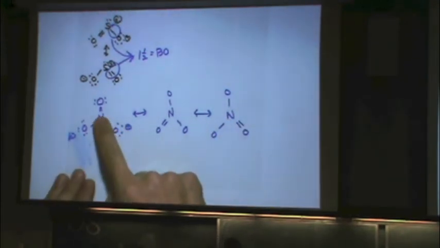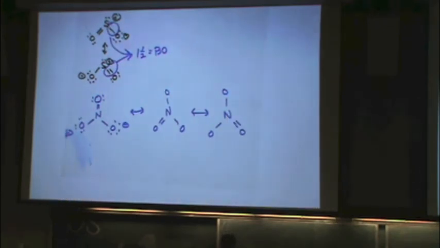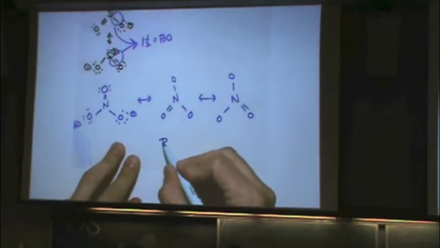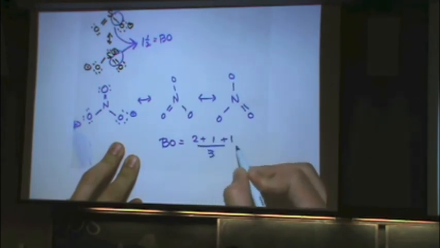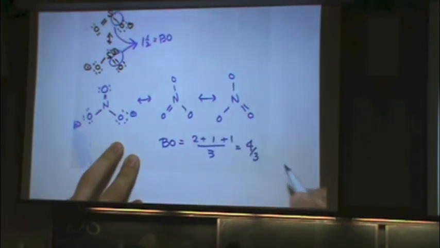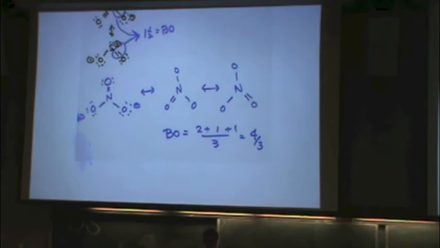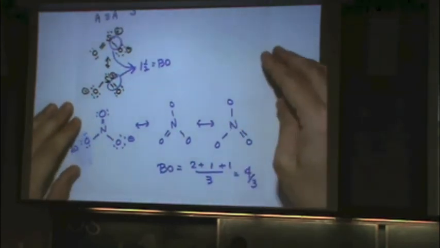So 2 plus 1 plus 1, total of 4, divided by 3, or 4/3, or 1 1/3 in this case. Okay? So you can definitely have bond orders that are not whole numbers whenever there are resonance structures, and there'll be other situations in the next chapter as well. That's bond order.